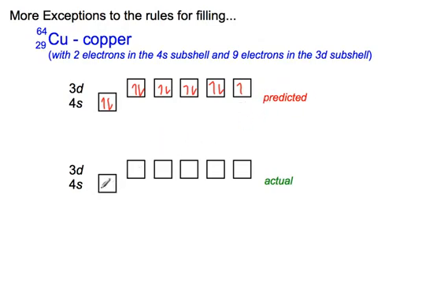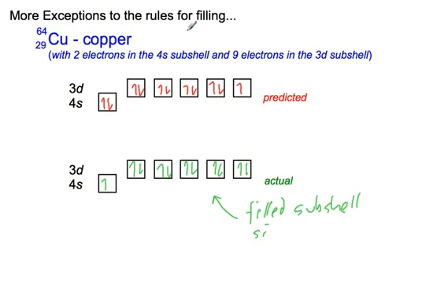Well, not surprisingly, this exception is similar in that we only have a single electron in the 4s, and then we're going to fill the 3D subshell. So instead of having 9 electrons where there could be 10, we fill it. And so again, what we have now is this exception of a filled subshell. And so a filled subshell, again, is stable.